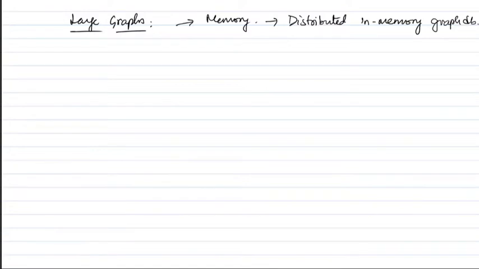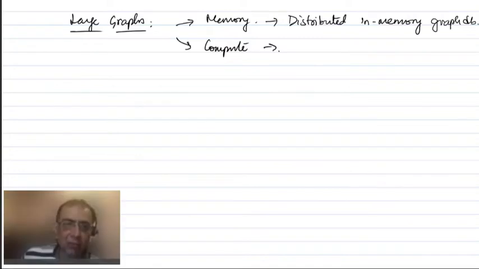Again, you'll find tools to do that for you, but it's interesting to figure out how to do it yourself. The other kind of challenge is compute, not memory. The processing that you have to do on the graph is so large, maybe quadratic, that it's just too expensive to do on a single node.